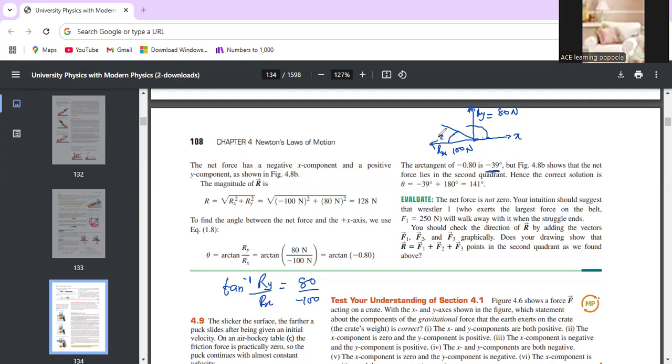So this will be 39 degrees, which is our R. Now, if they were to take it from here, then we'll do 180 minus 39, which gives us 141. The answer is 141 if you're going from the right hand side. But from the left hand side, the direction is 39 degrees.